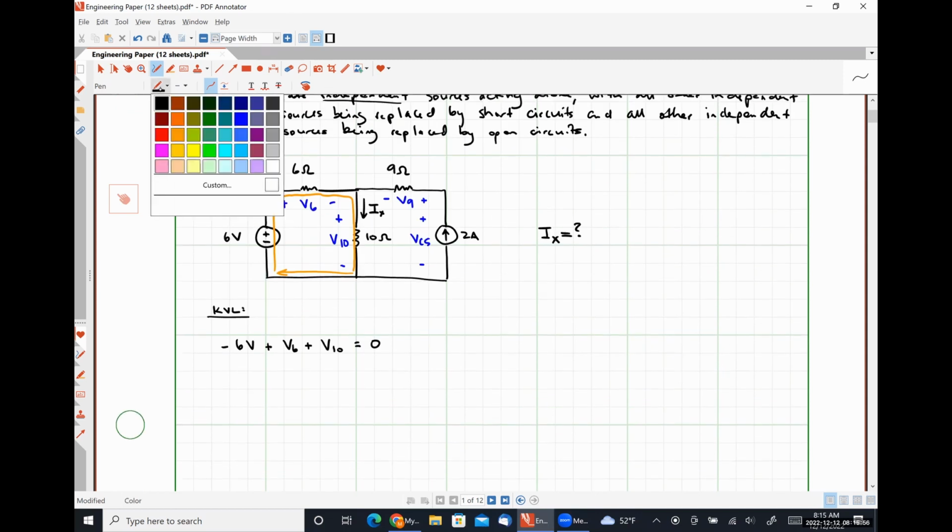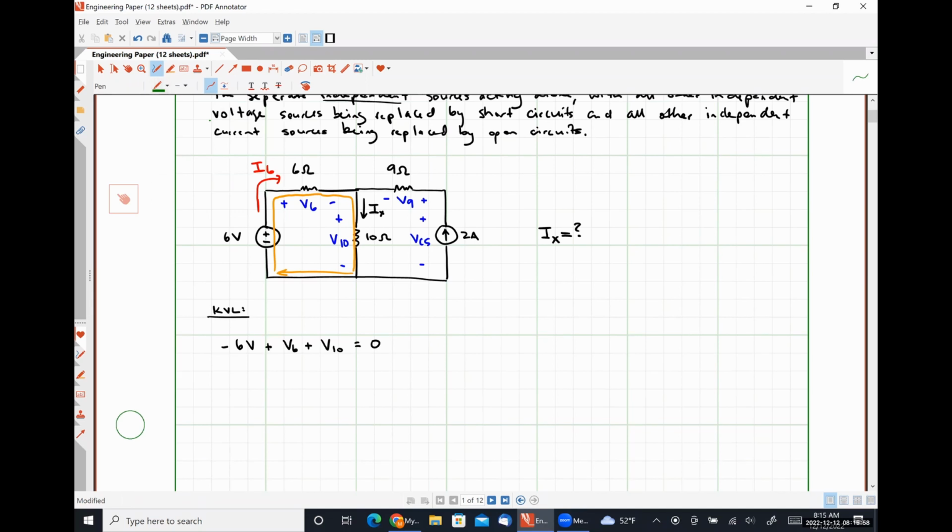I'm going to write a Kirchhoff's current law expression at this node. So I'm going to say that this current plus this current plus this current all sum together to make 0.